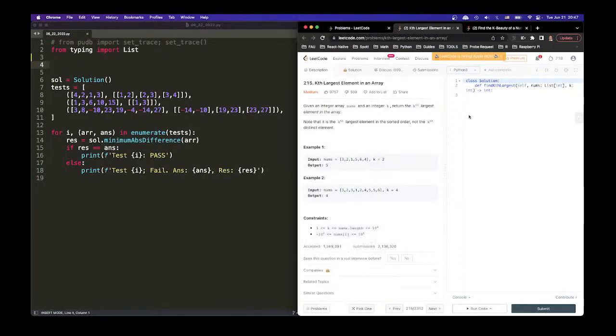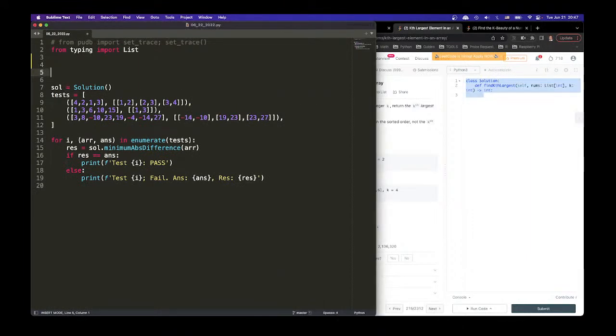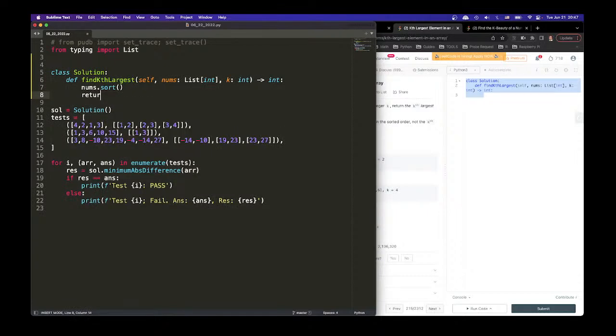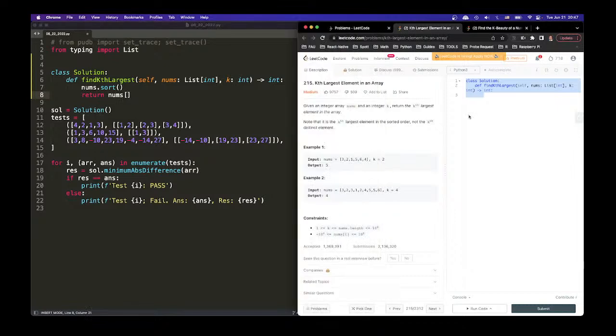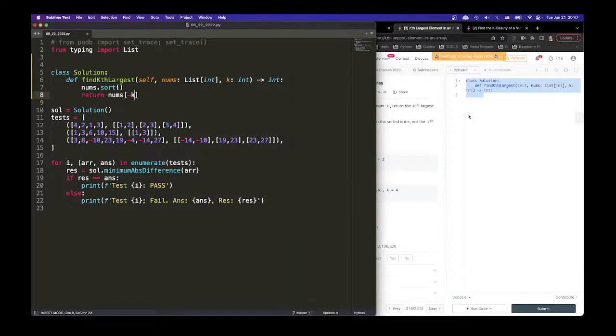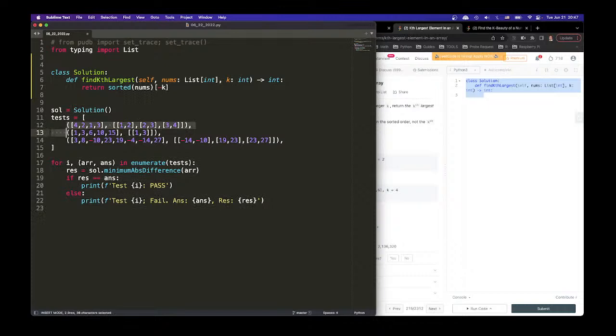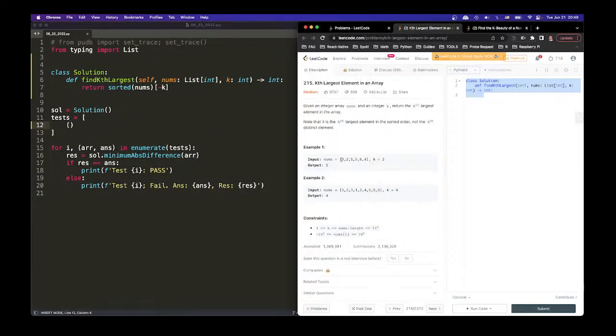Now this one, if I'm not mistaken, is really straightforward. We just sort it, and then we return nums. Is that k? The kth largest, so minus k. All right. Yeah, we can say return sorted nums minus k. It's good.